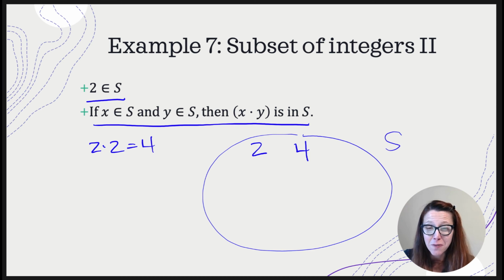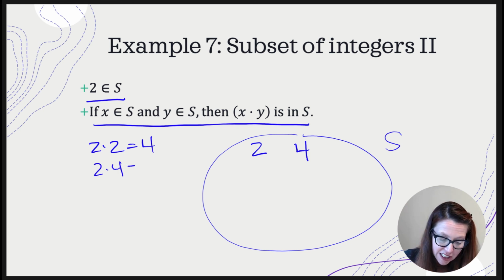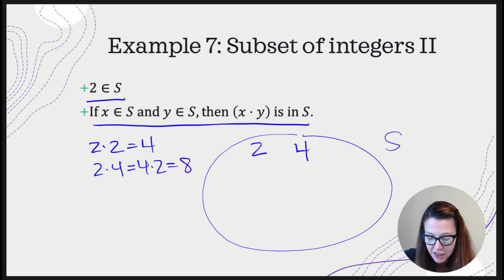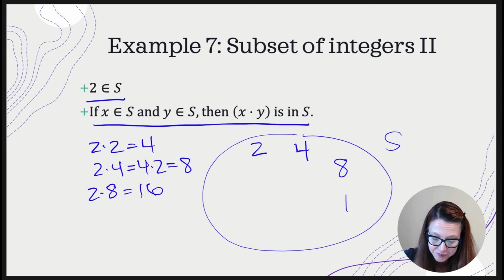And now since we have 4 in there, that means that 2 times 4, which is the same as 4 times 2, which is 8, must also be in there. And now since 8 is in there, that means that 2 times 8 is in our set, and that is 16. And it also means that 4 times 8 must be in there, which is 32.